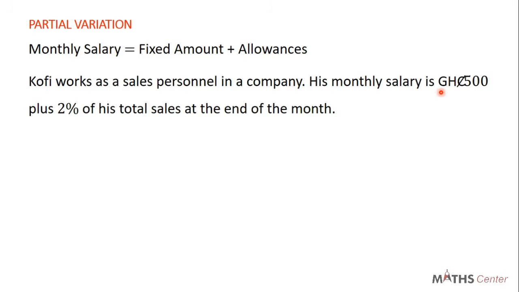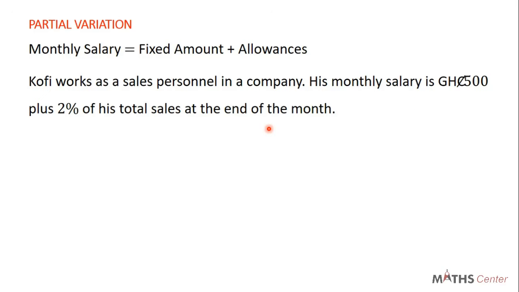His monthly salary is 500 Ghana cedis plus 2% of his total sales at the end of the month. So for Kofi, his monthly salary is determined by two things. 1. 500 Ghana cedis, which is a fixed amount, plus his allowances or bonuses, which is 2% of his total sales at the end of the month.